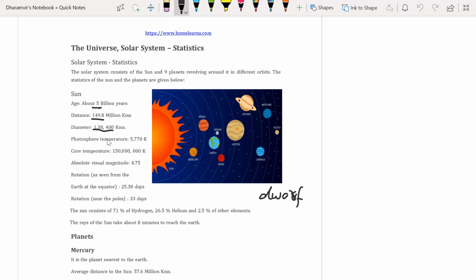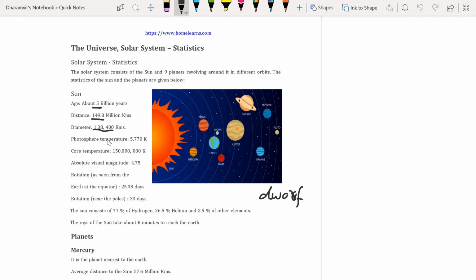It is Kelvin. And the core temperature is 15 billion Kelvin.